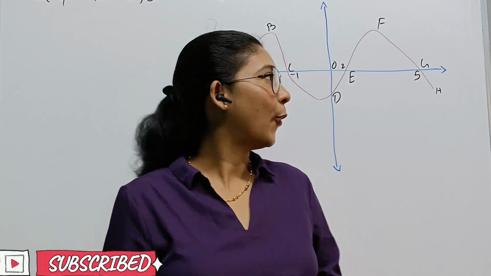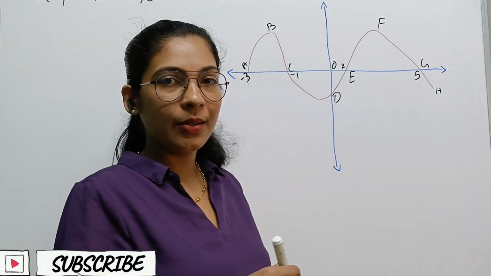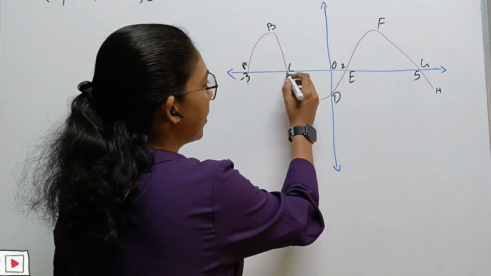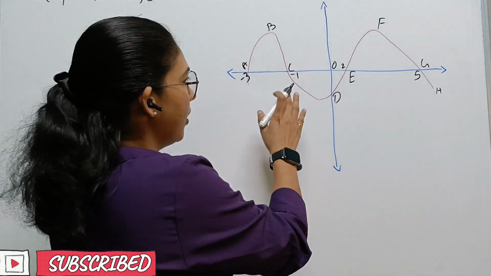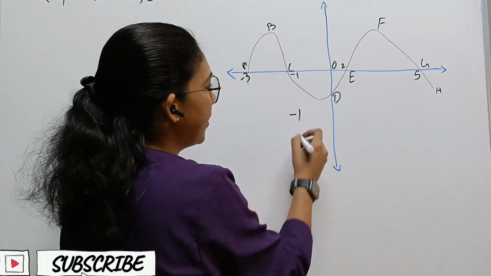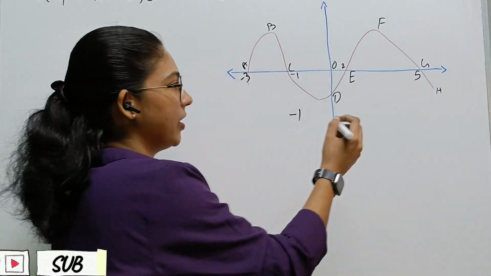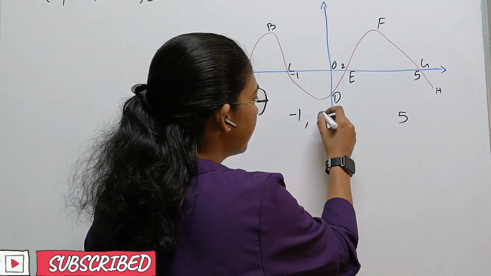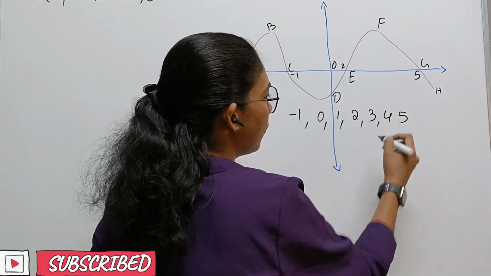Now question number 4, the distance between C and G is, okay, there is a curve and we have to find out the distance between C and G. Point C is -1. So what will be the distance between C and G? G is 5. So -1, then 0, 1, 2, 3, 4.